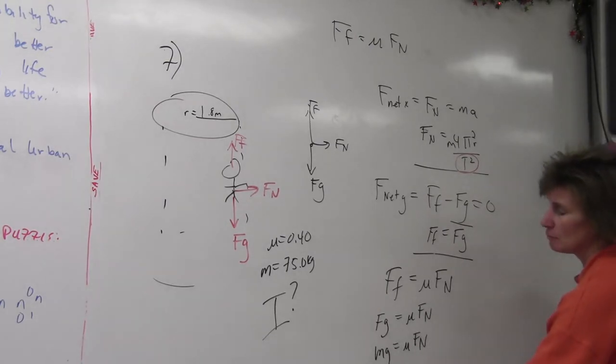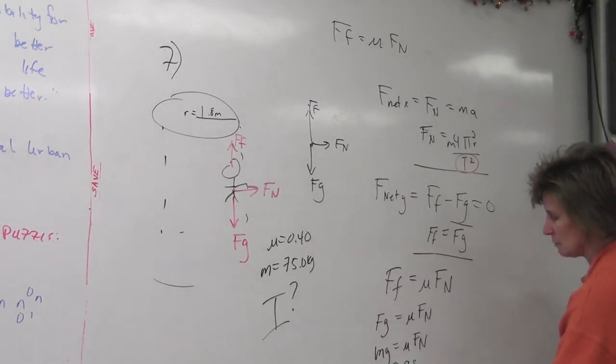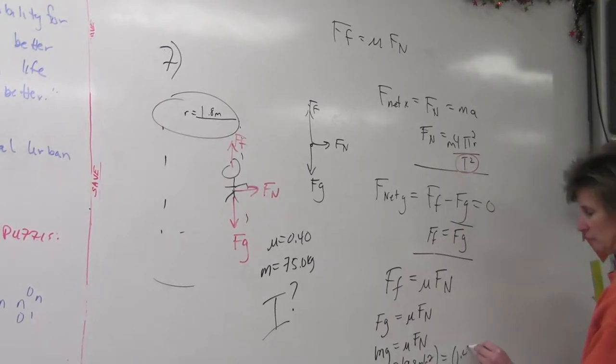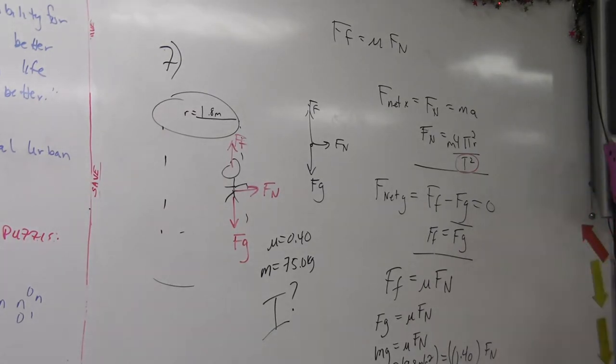I believe my mass again was 75 kilograms times 9.8 meters per second squared is equal to 0.4 times the normal force. Do some calculations on that, tell me what you get.